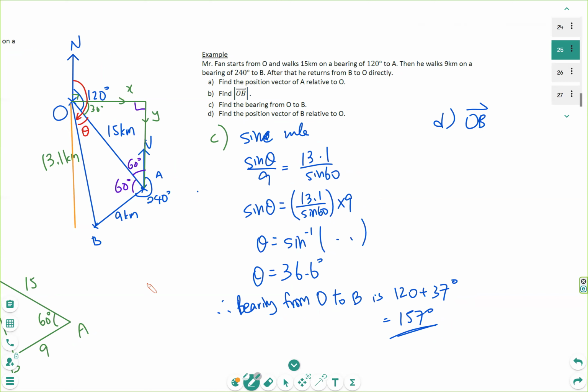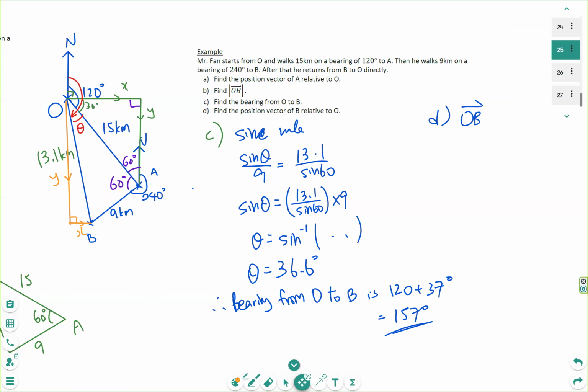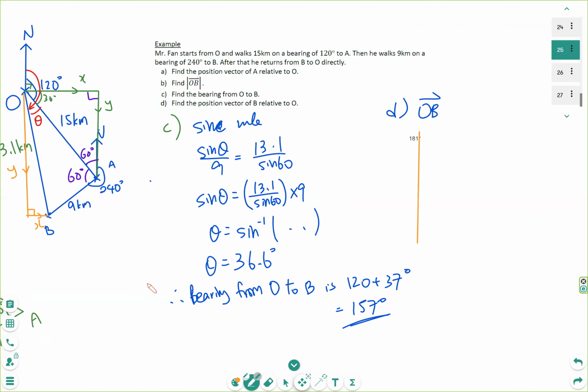Let me do this again. Okay. So this triangle, that's Y and that's X. So if you allow me to draw a triangle in here, go really long straight. So O to B. I know that's 13.1 and I know this is Y and this is X.